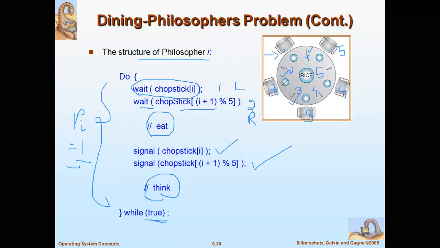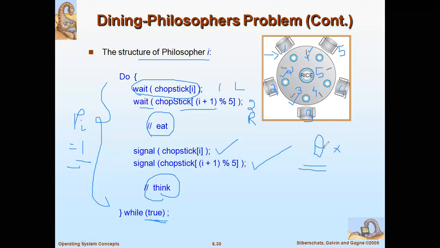If everyone grabs their left chopsticks, then it creates a deadlock situation, because the right chopstick of every philosopher is the left chopstick of the other philosopher, right? So this results in a deadlock situation which will never be rectified.